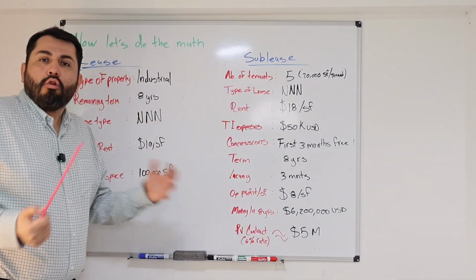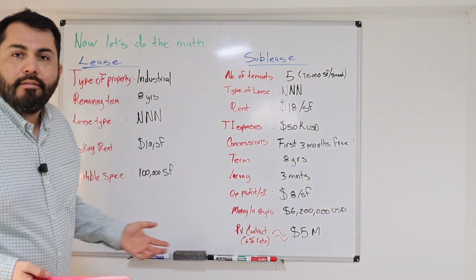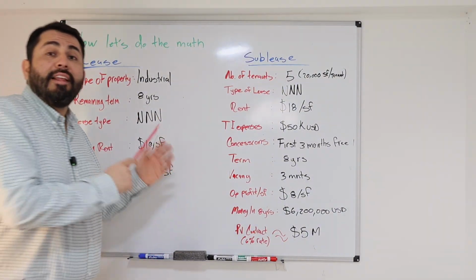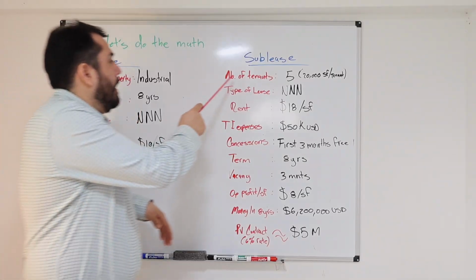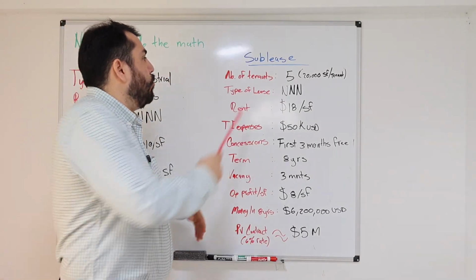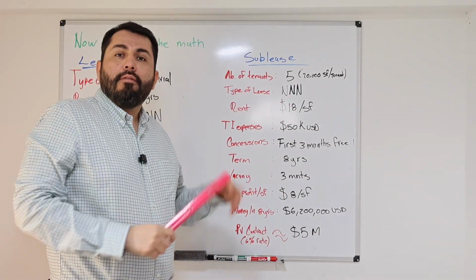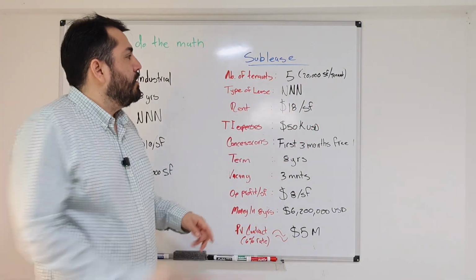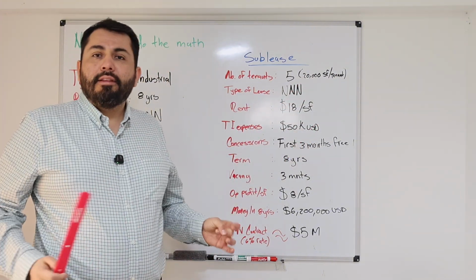The owner is a company and they are leasing for 8 years, so we can lease for that term. We are leasing all the space, so we have to subdivide it and lease it up to multiple tenants. For the tenants, we decided we are going to lease it to 5 tenants, because each tenant will use 20,000 square feet.